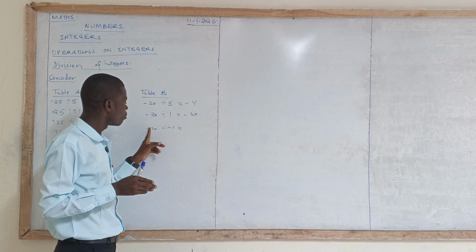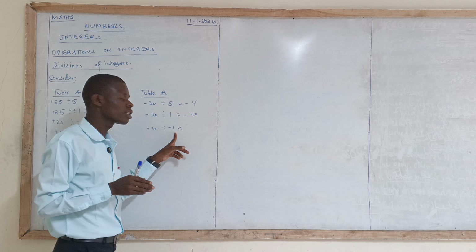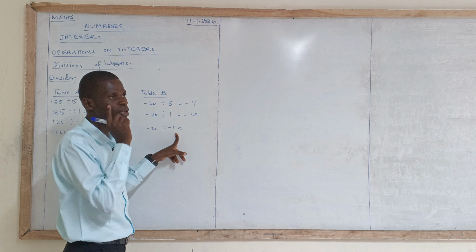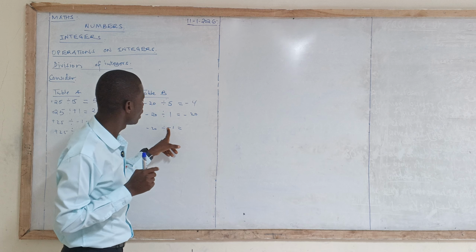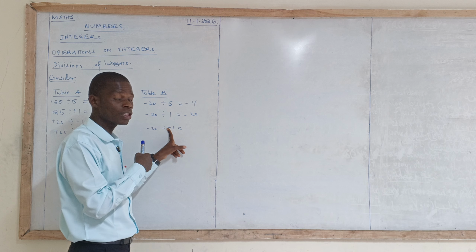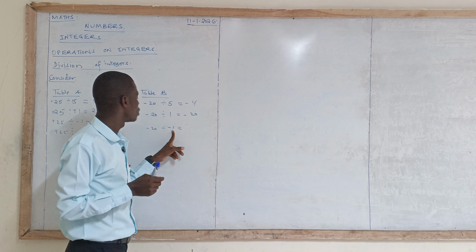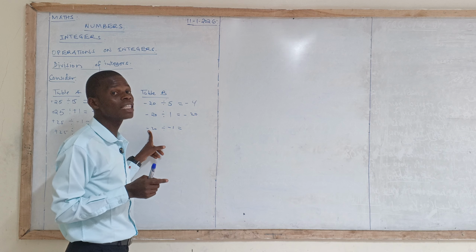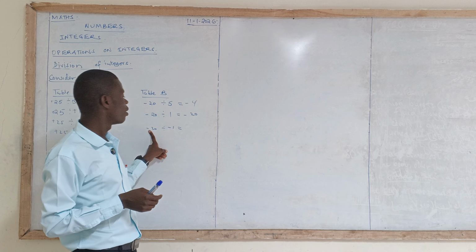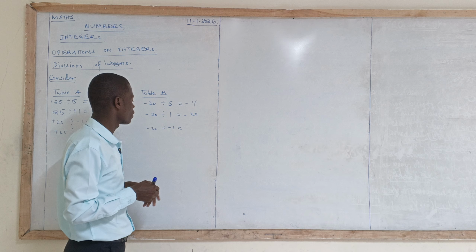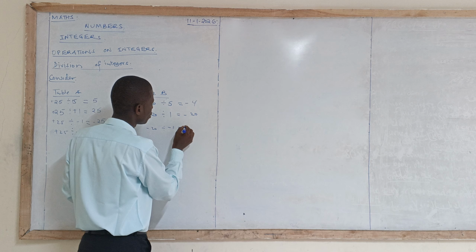So which number should I multiply by negative 1 to give me negative 20? That number must be positive. So this now will be positive 20.